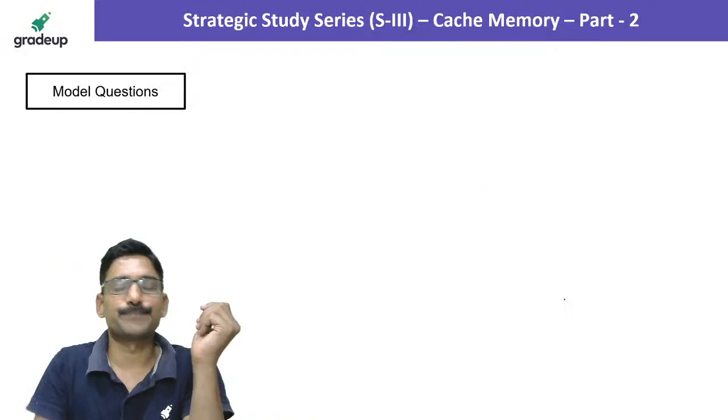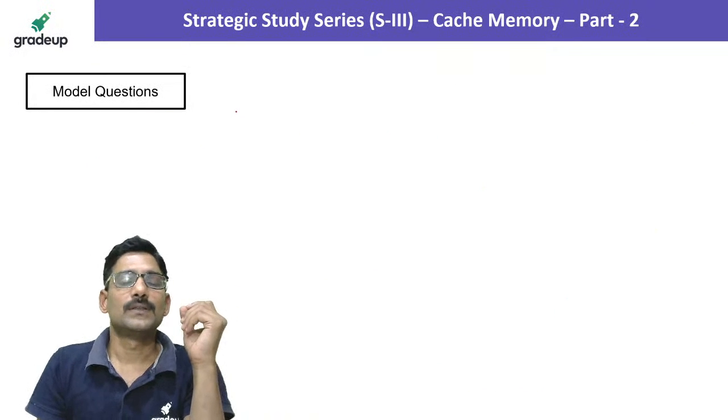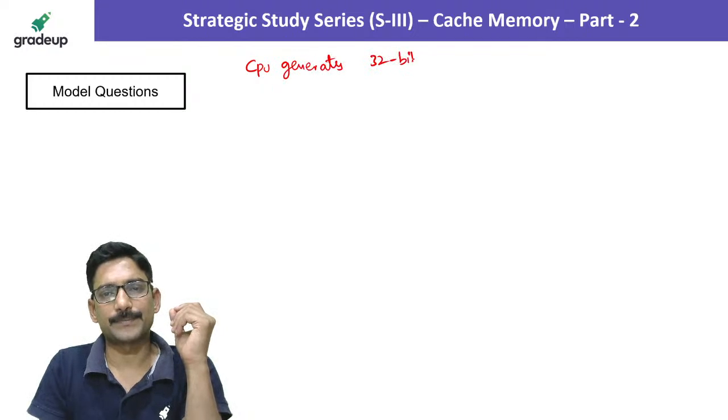Before that, how the questions can come. The question can go in this way. Let CPU generate a 32-bit address. Okay. Let the cache size be 512 kilobyte.